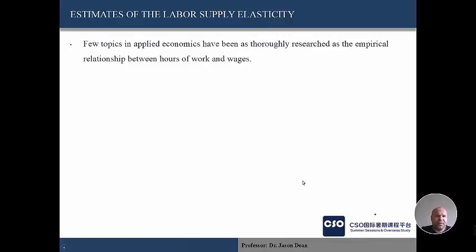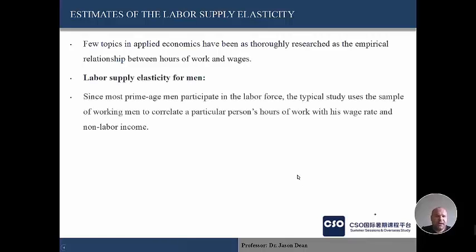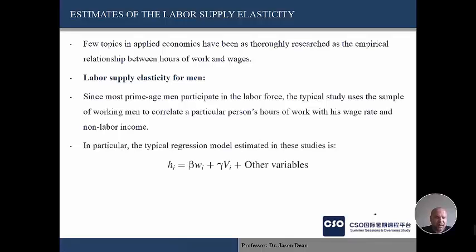So this is a thoroughly researched topic. For men, many studies find that prime age men participate a lot in the labor force, and so we can usually just take a sample of working men and then correlate their hours worked, wage rate and non-labor income. A sort of benchmark regression model that we would estimate to capture these estimates would be as follows.